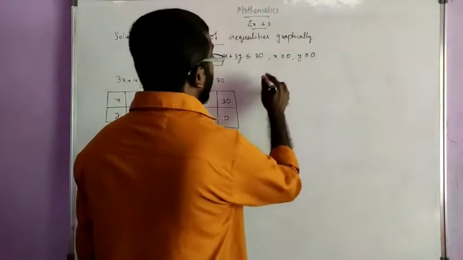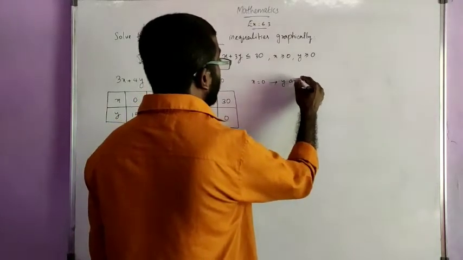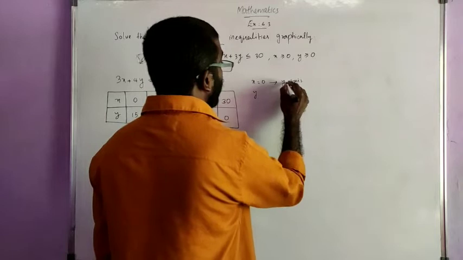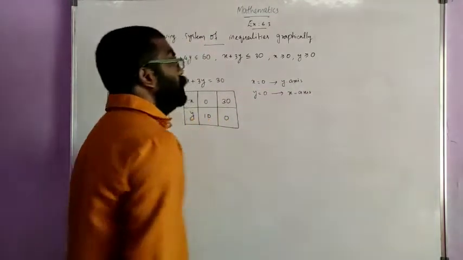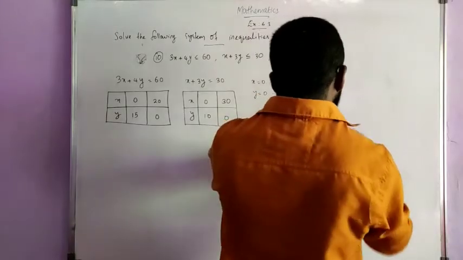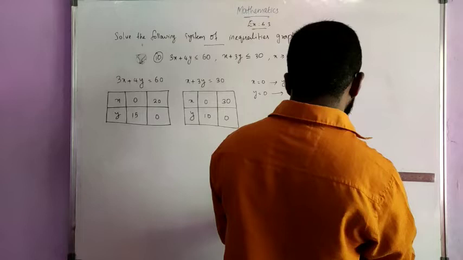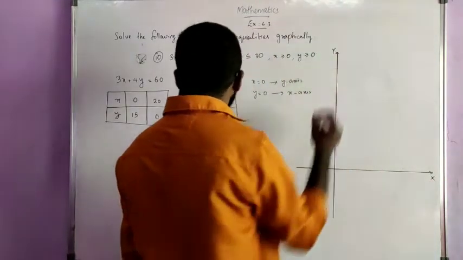Okay. Now next is x equal to 0, that is y axis, and y is equal to 0, that is x axis. Okay. X axis, y axis.